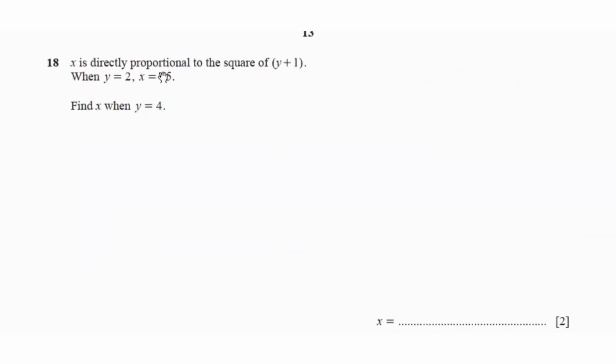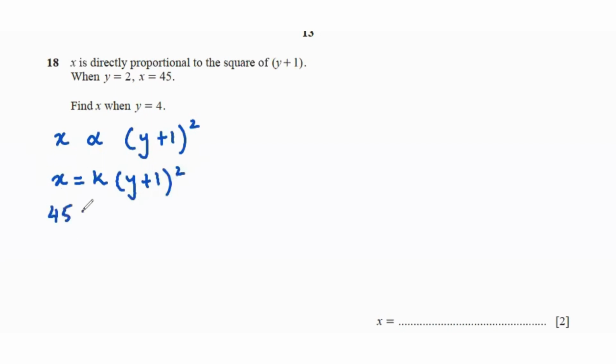Question 18 says x is directly proportional to the square of y plus 1. When y is 2, x is 45. Find x when y is 4. X is directly proportional to the square of y plus 1, which means x equals k times (y plus 1) squared.